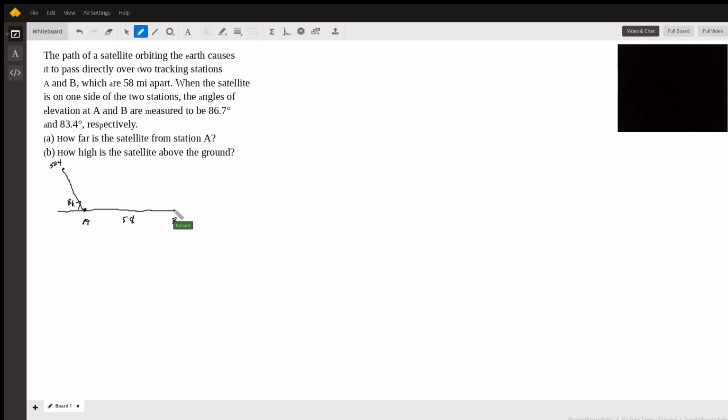And the angle of elevation from point B to the satellite is going to be 83.4, like that. Okay.